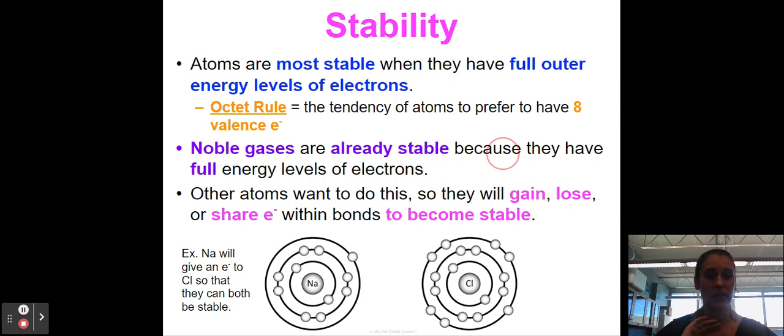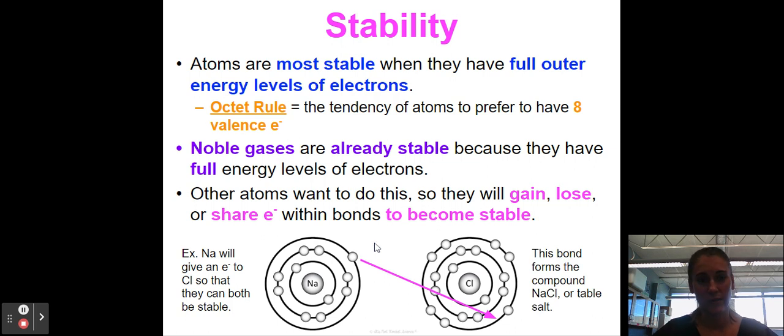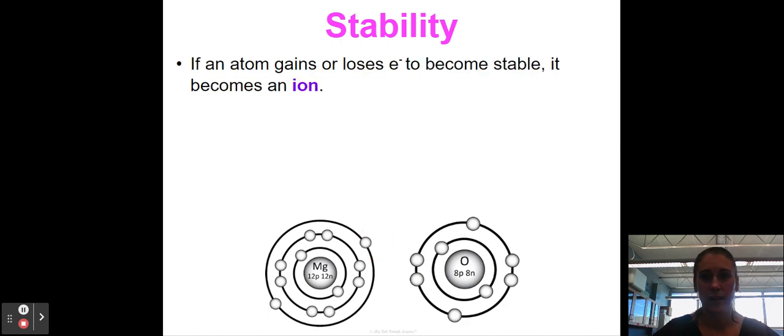If sodium gives away its 1 electron, chlorine has 8, and sodium has basically the configuration of whatever element is before sodium. So this is where it would go, and this would form a bond. And that's table salt.